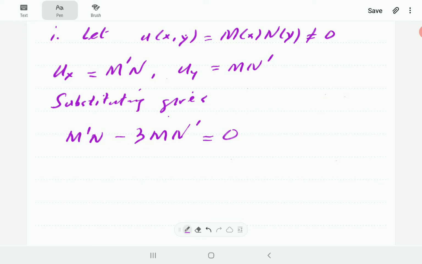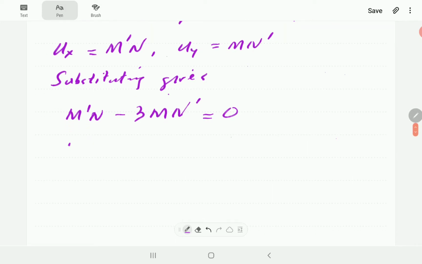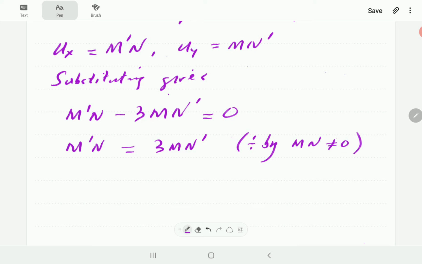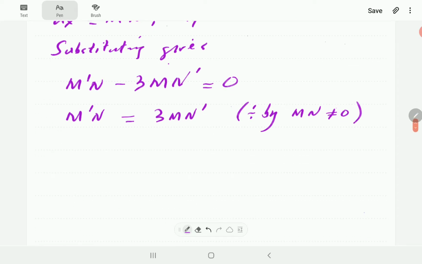Now at this point, we bring the one term to the other side, m times n prime, and then we divide by m times n. This is a standard step with the method of separation of variables. Remember, m times n is non-zero, so we can divide by that.